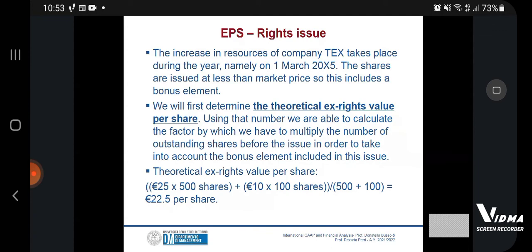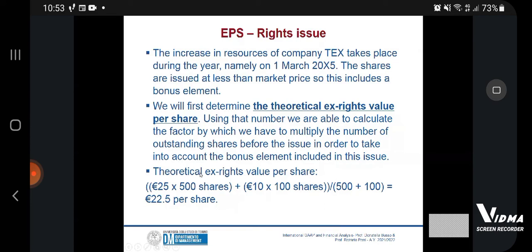The total value of shares after the rights issue is the sum of the market capitalization and the proceeds. Market capitalization is the product of the number of shares and their price in the market. Before we issue the rights, remember we have 500 shares and their price is 25 euro, right? So the product in the first bracket is often referred to as market capitalization.